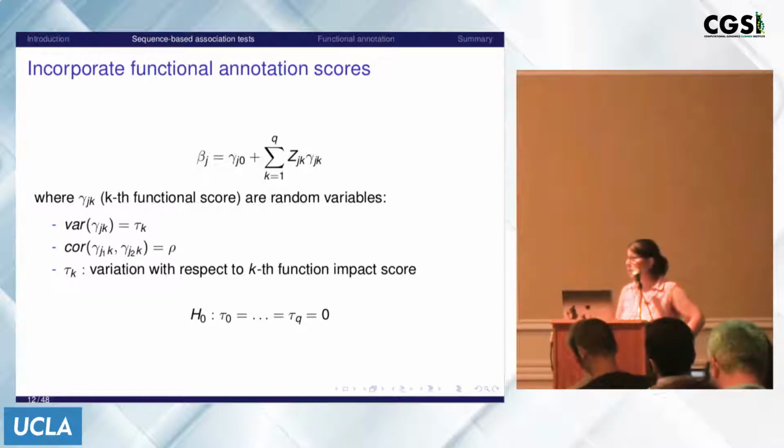The gamma JK are random variables with variance tau K, and we assume the same exchangeable correlation structure as before. The null hypothesis now is to test that all these variance components, from tau 0 to tau Q, are 0.